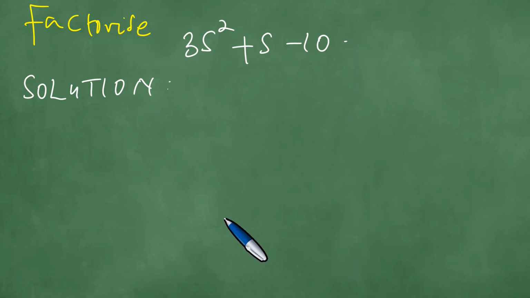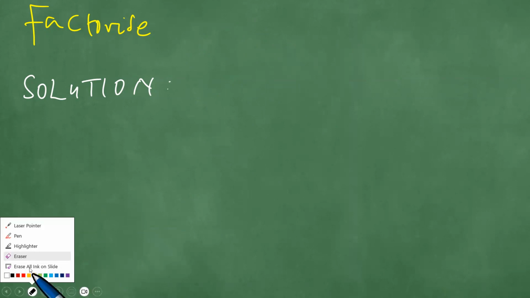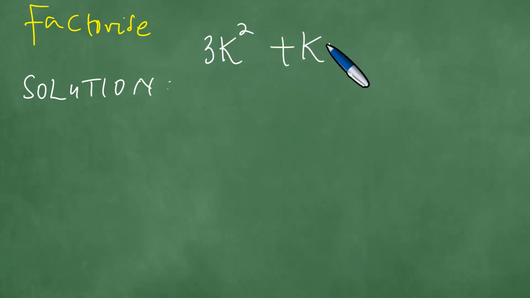Is that 35? Okay, that's a good question. Let me make it clearer. Let me use a different variable. So I'm going to say 3k squared plus k minus 10.